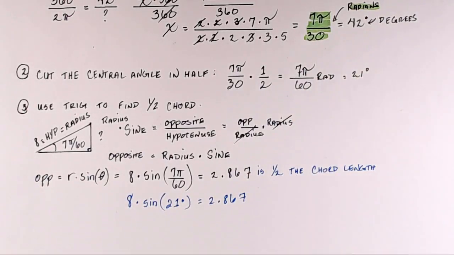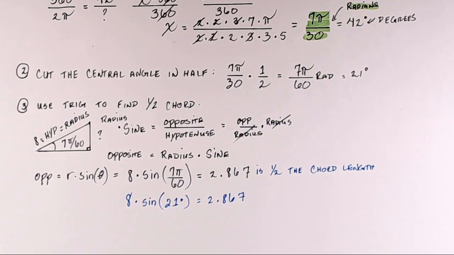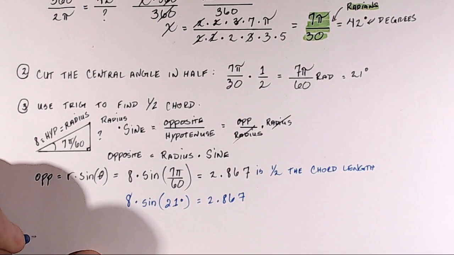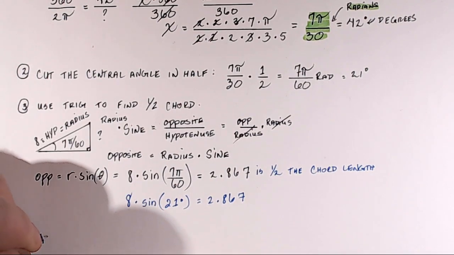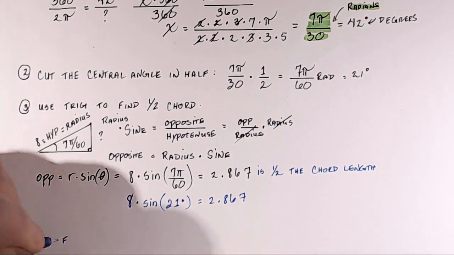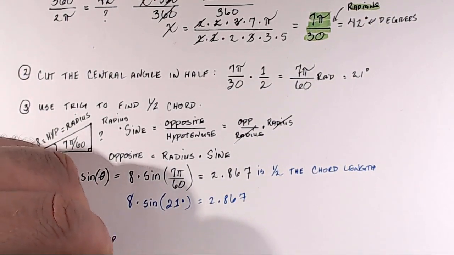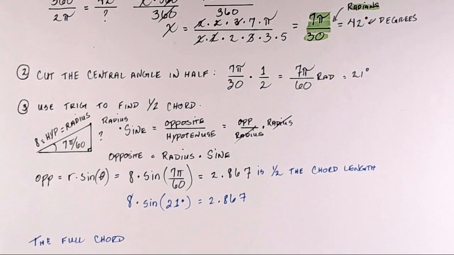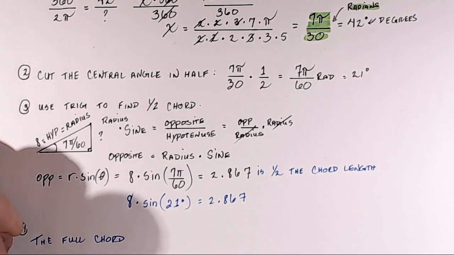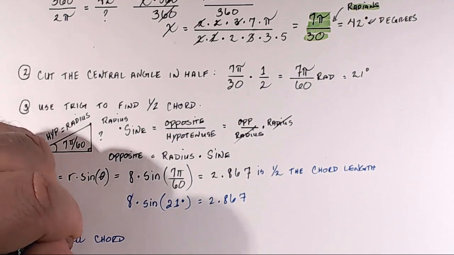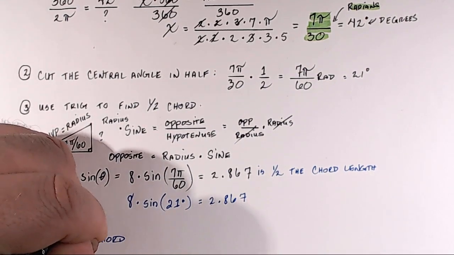Okay, so if 2.867 is half the chord length, the full chord length must just be twice that. So I guess I should write in step 4, double half the chord.